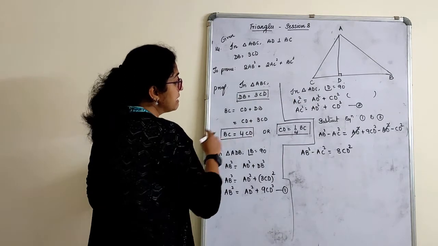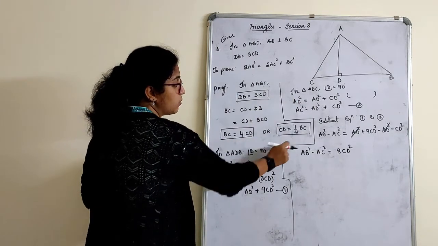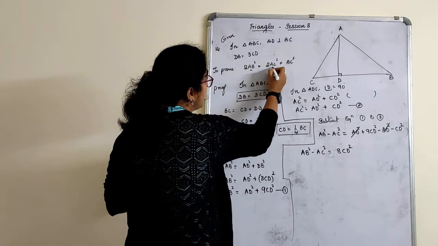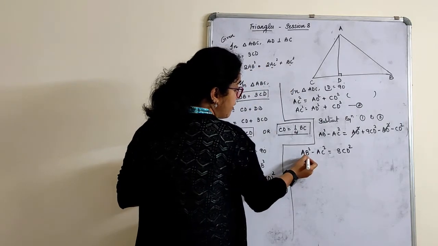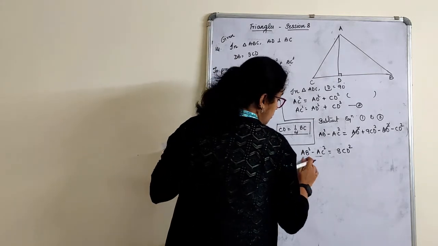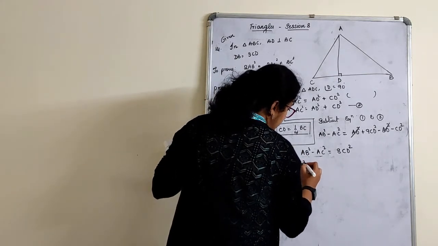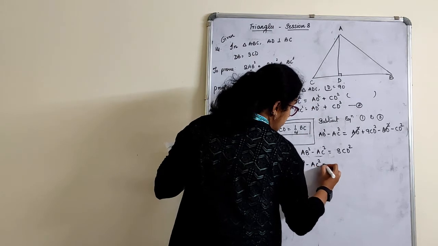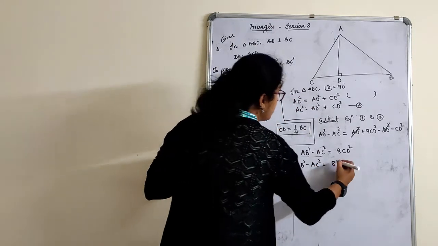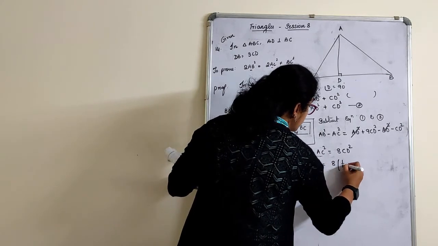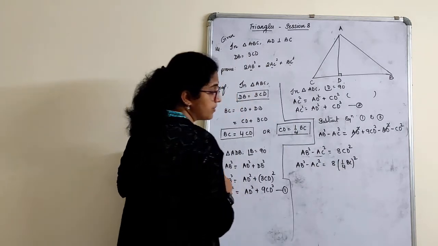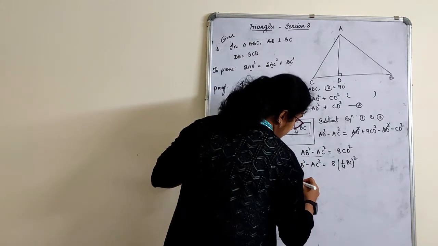What is CD equal to? CD is equal to 1/4 BC. Why? Because we want the whole thing in terms of AB, AC and BC. We have AB, we have AC. CD is not required. So AB square minus AC square is equal to 8 times CD, which is 1/4 BC whole square, right? 8 outside.